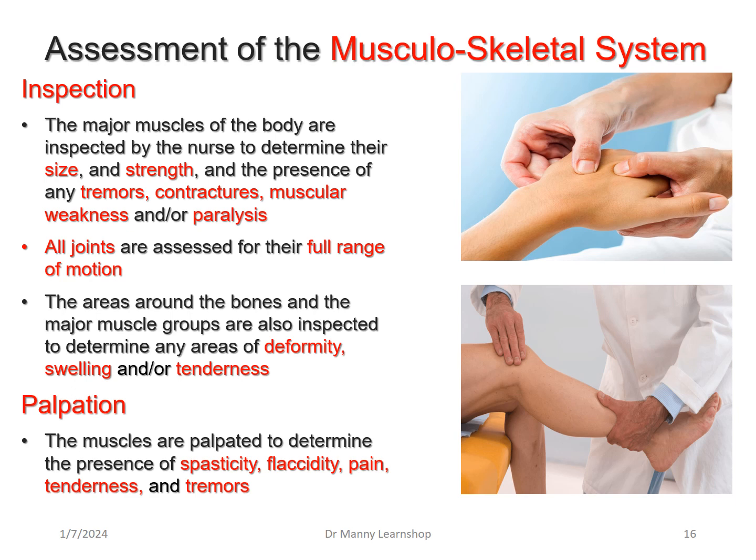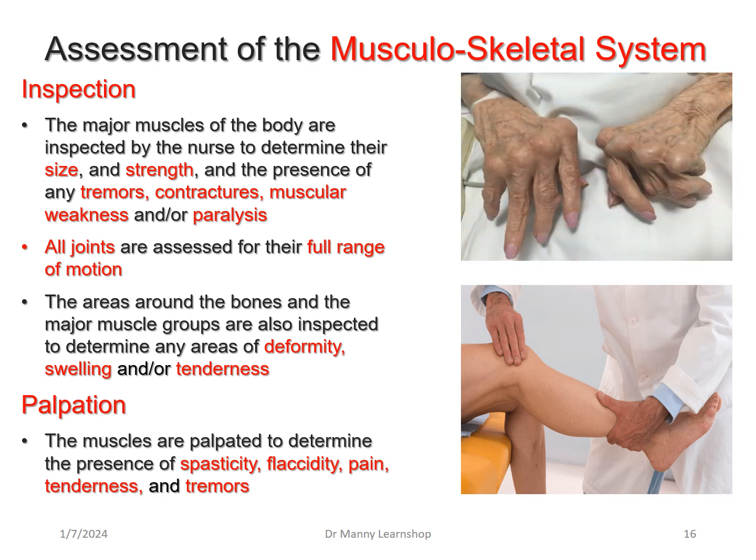Palpation results in the presence of spasticity, flaccidity, whether there's any tenderness or pain, or whether it initiates any tremors. Joints can be quite abnormal, especially with rheumatoid arthritis.